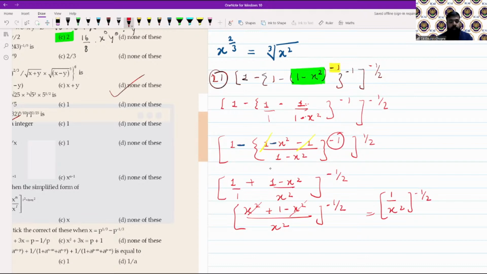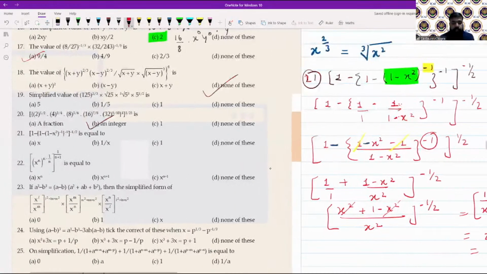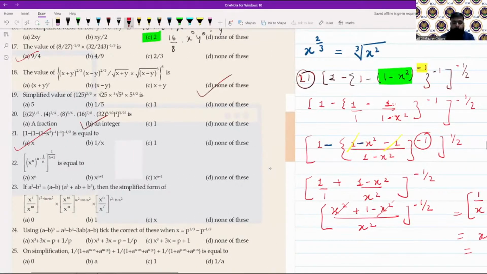Okay, now we can simplify this and get the result. So let's see which option is correct. Since negative sign is there in the power, we have to do the reciprocal. So x square to the power of half. Now 2 and 2 will get cancelled. Final result will be x. That is option number A.